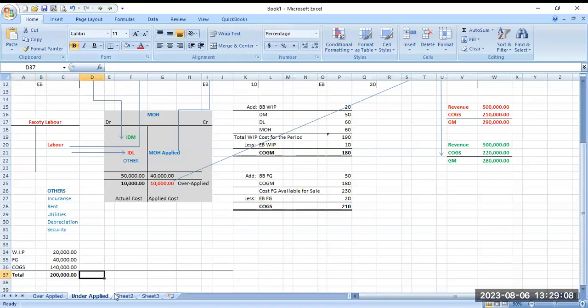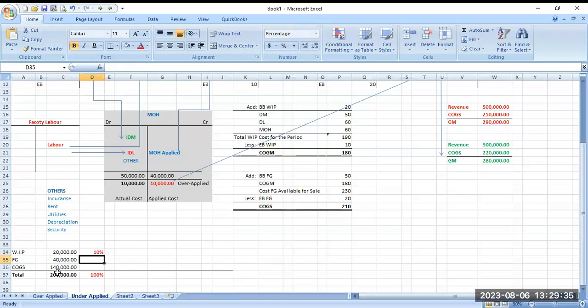But my total is also 100%, right? So now, can I get the percentage of my total sitting in work in process? 20 over 200,000, so this divided by this: 10%.